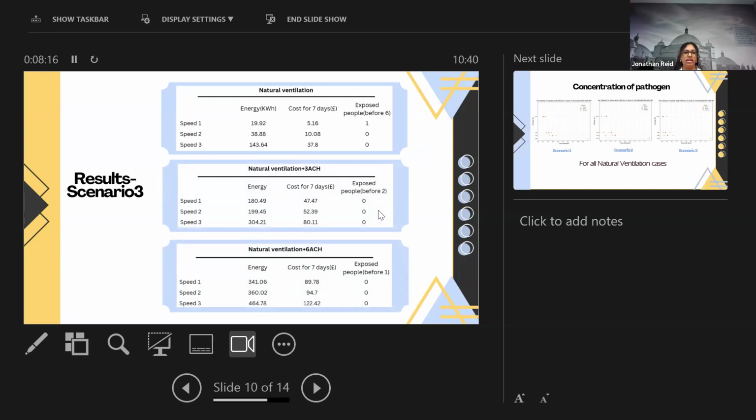This was the highest cost that we had because the number of air cleaners had increased. In the first one, natural ventilation, with just £10 weekly we could reduce the number of exposed people to 0, which, from a cost and energy perspective, is the best case scenario among all three cases.